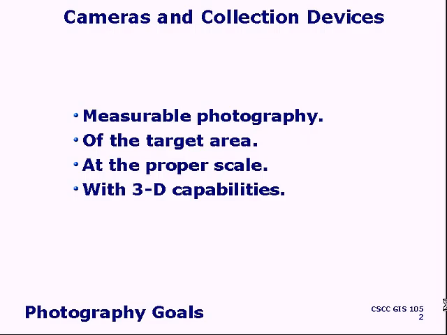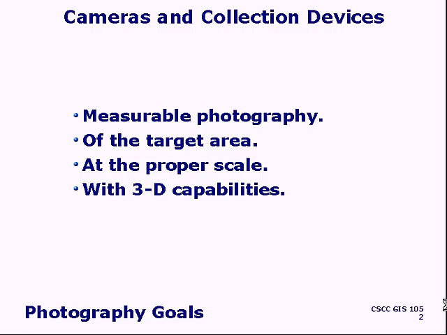As we continue to define and refine our ideas of what photogrammetry actually is, we'll see that everything is going to be done in 3D. All the measurements are going to be done that way. And so we need to make sure that we have measurable photography of the target area at the proper scale and with the capabilities to measure in 3D.